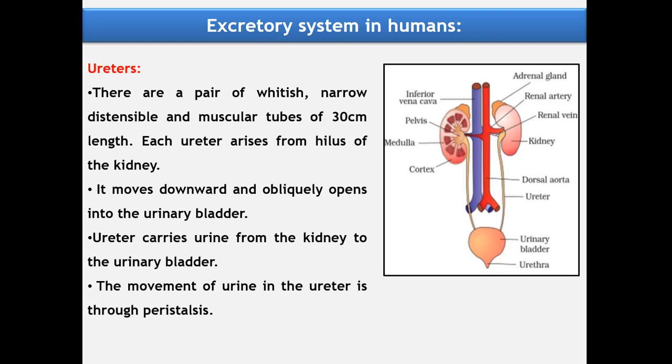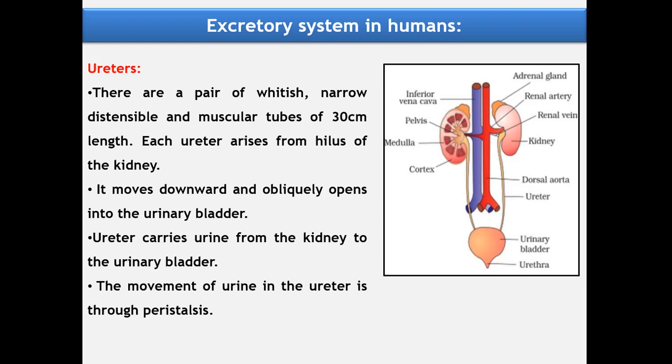Now, moving on to the ureters. There are a pair of whitish, narrow, distensible and muscular tubes, 30 centimeters in length. So, these are white in color and very narrow tubes and distensible.